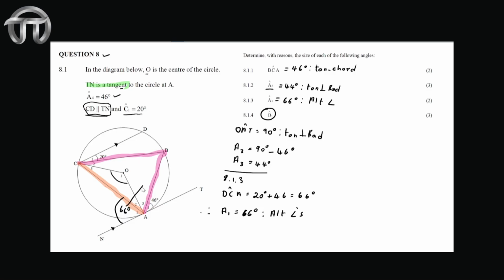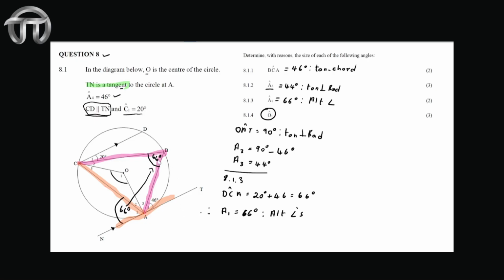Now this angle is equal to this one here at B, 66 degrees. Tan chord theorem: the angle between the tangent and the chord is equal to the opposite interior angle. So here is our chord.